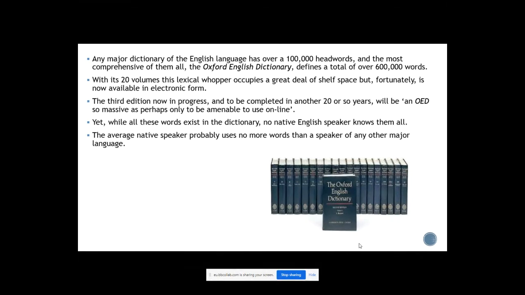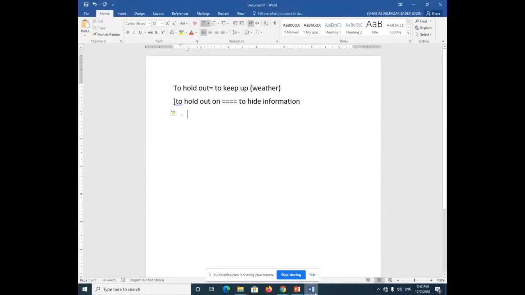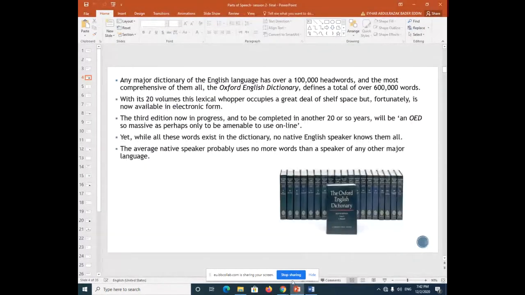And this takes us to a very important concept: we have active words and passive words. Active words are the words which are actually used by a person, and passive words are the words which are not used by a person, yet that person can understand them when they occur in certain sentences. Okay?